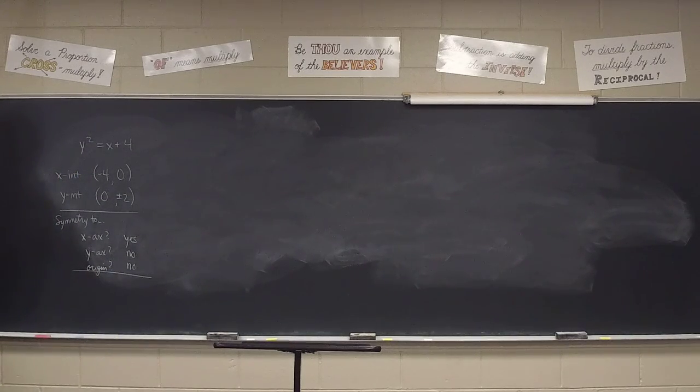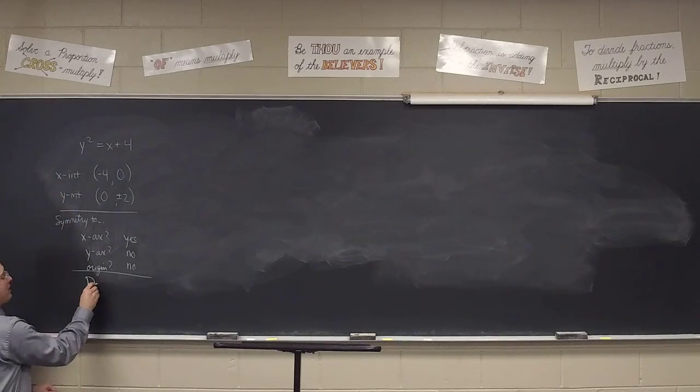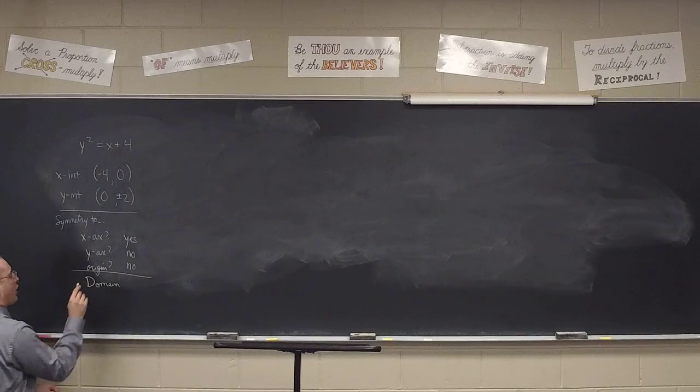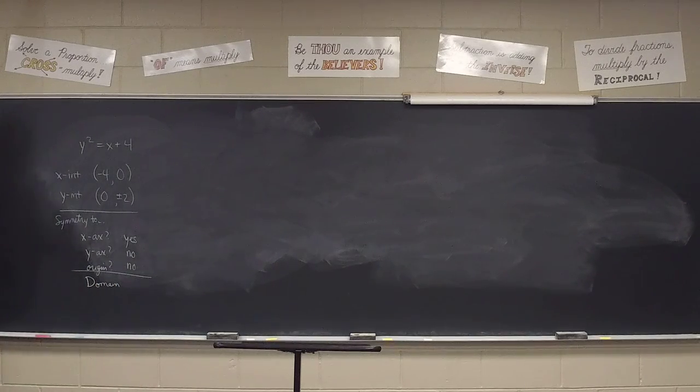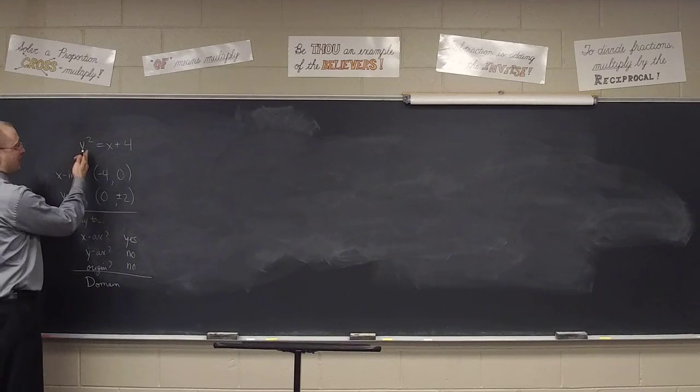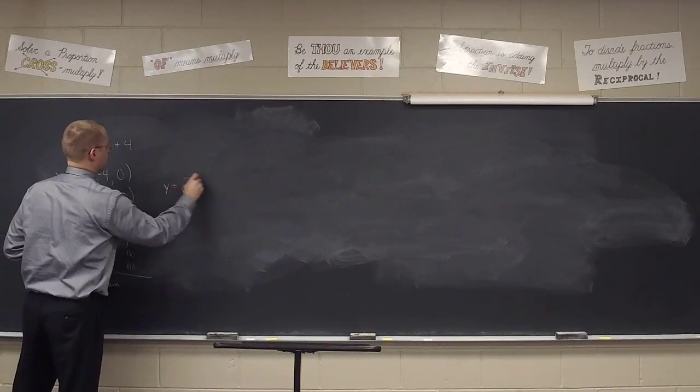The last thing we're going to check, domain and range. And for the domain, that refers to all possible x values. But in order to see your possible x values, we want to set the equation equal to y. So if we set this equal to y, it's really close. All we have to do is, so we'd say that y equals the square root of x plus 4.